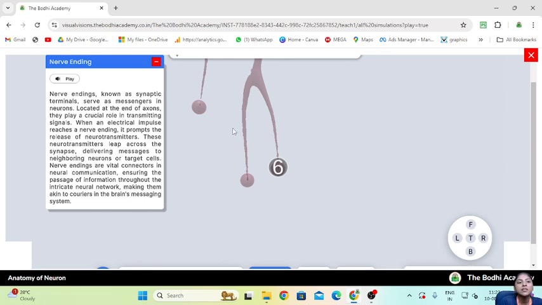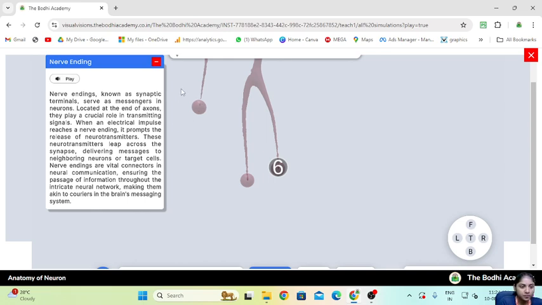So this basically serves as the messengers in the neurons or the nerve cells. Now located at the end of axons, they play a crucial role in transmitting the signal. When an electrical impulse reaches the nerve ending, it prompts the release of neurotransmitters, and these neurotransmitters slip across the synapse, delivering messages to the neighboring neurons or the target cells.